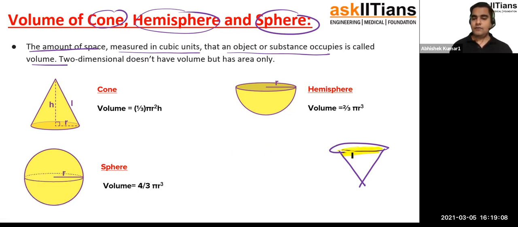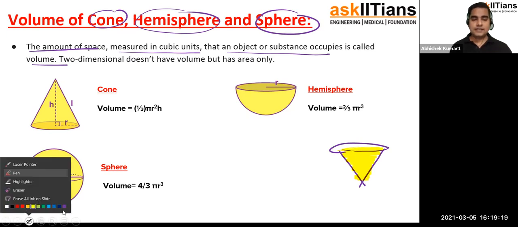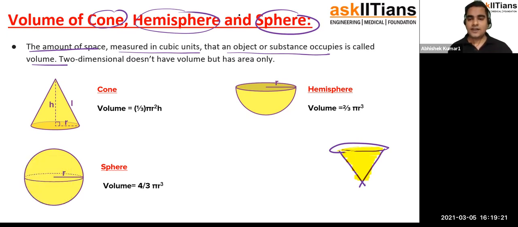This represents the volume of this ice cream cone, correct or not? That is the amount of space that is there as far as that particular object is concerned, and here the object that I have taken was this cone.